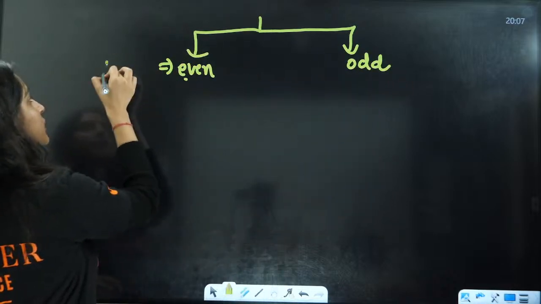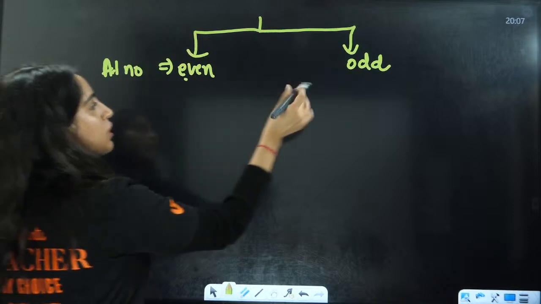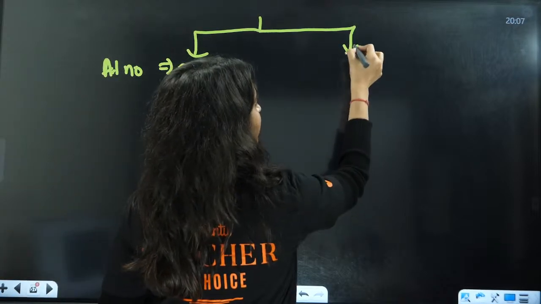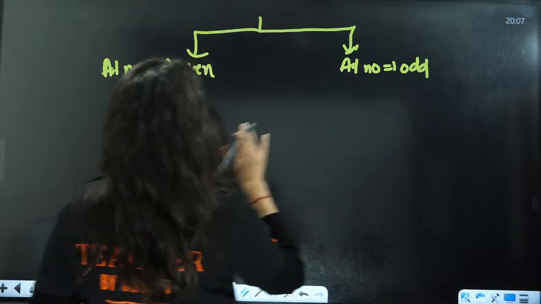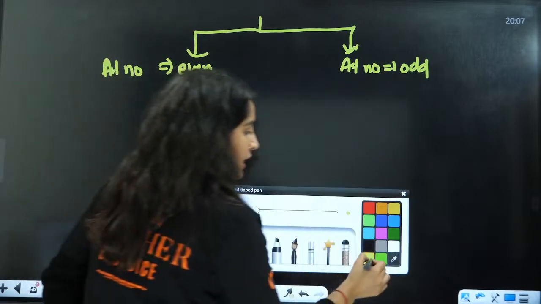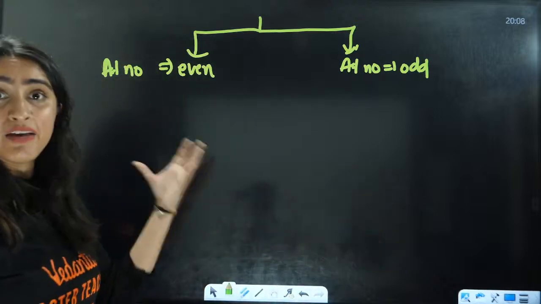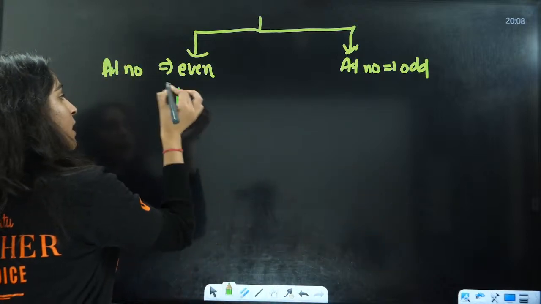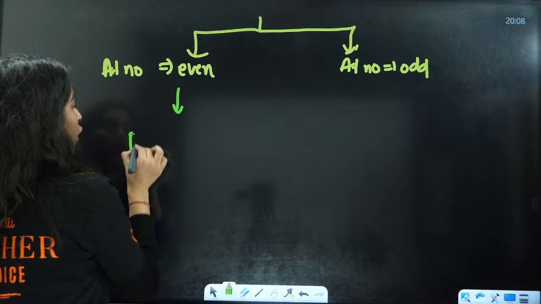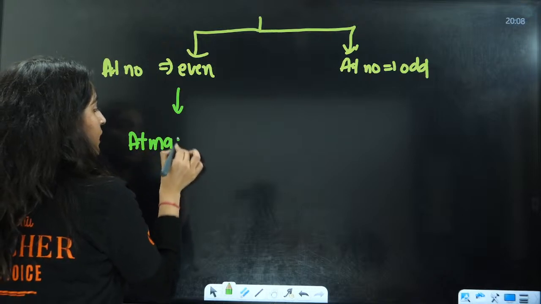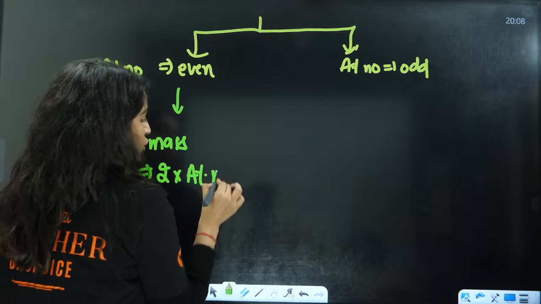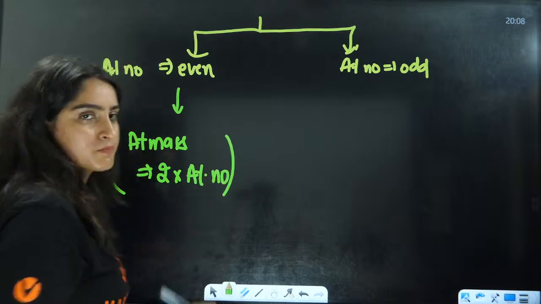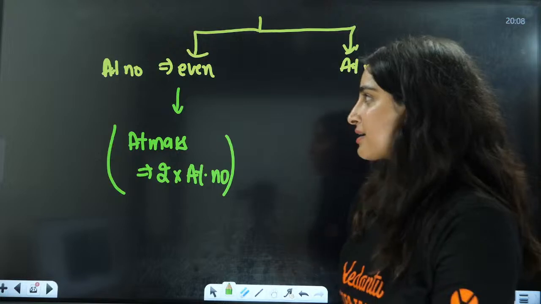If the atomic number is even, in that case, atomic mass equals 2 into atomic number, right?